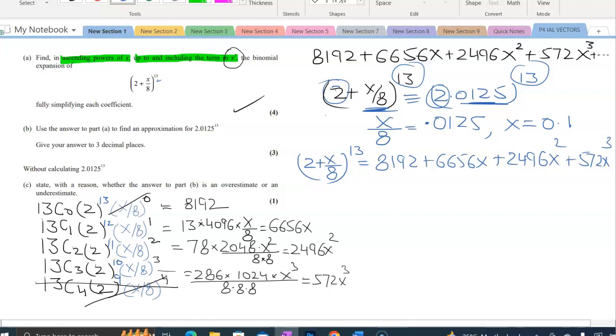Now this x I'm going to replace by 0.1. So I'm going to write it like this: 2, and you can check it, 0.1 over 8, you will get 0.0125. So all this x is going to be replaced by 0.1.